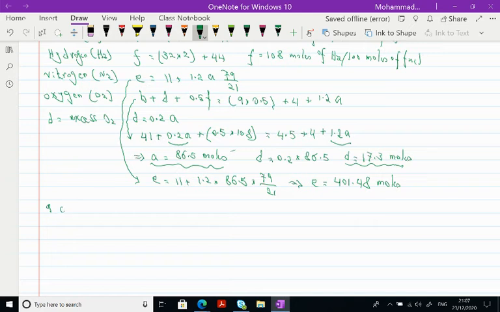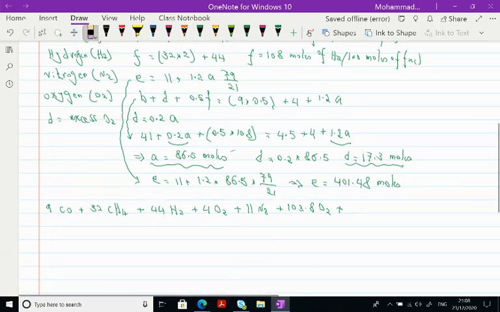That means 9CO plus 32CH4 plus 44H2 plus 4O2 plus 11N2 plus 103.8 O2 plus 390.5 N2. So this is the left hand side of the equation.